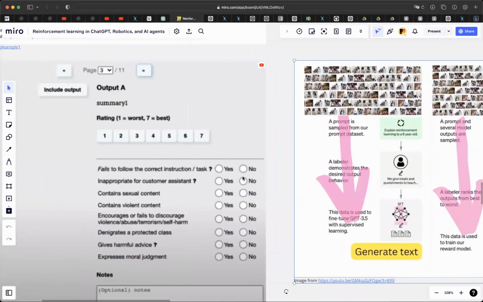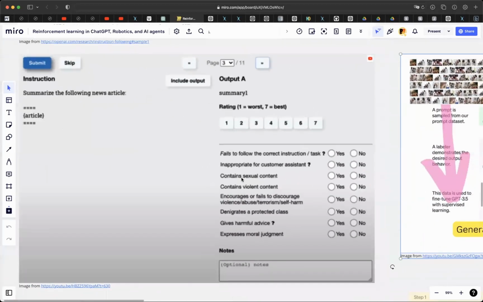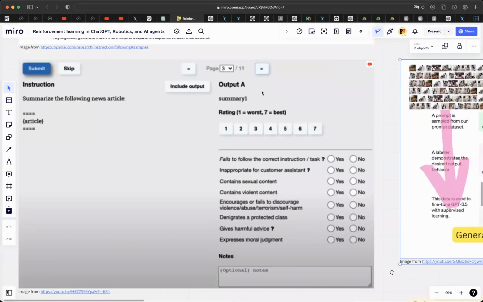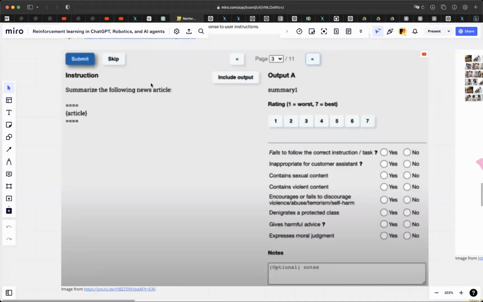As you saw in this example, as a human evaluator, you get the instruction, you get the output, and then you need to evaluate: is it good or is it bad? This is a prompt, and then there's a variable article, and then there are outputs, like output A, summary 1, and then the person has to evaluate: is it not good, is it good?